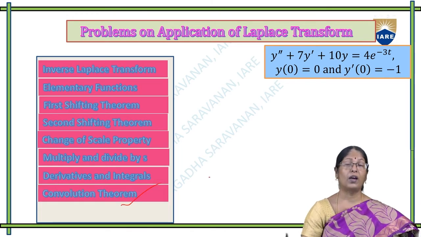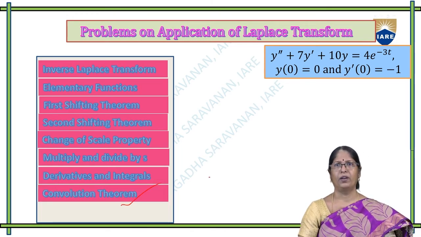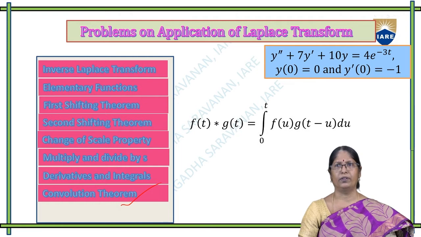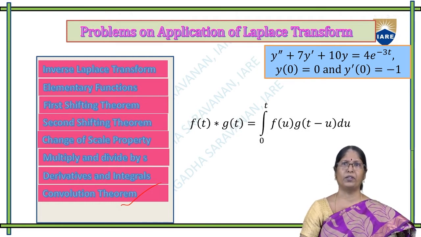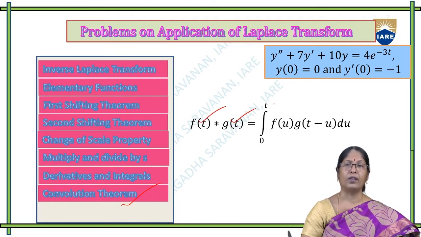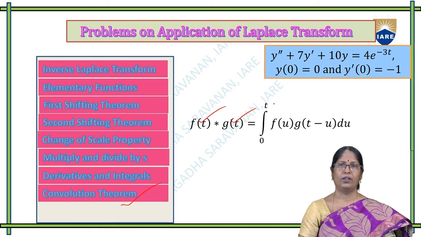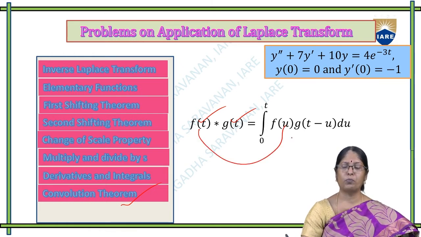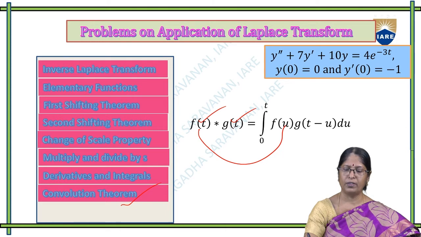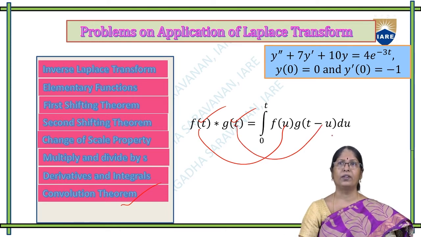the convolution theorem. Here two functions will be there, that is f of t and g of t. In one, the t is replaced by u, and in the other, the t is replaced by t minus u.